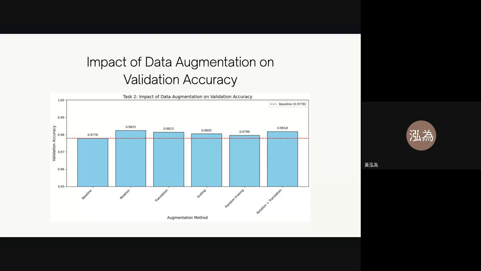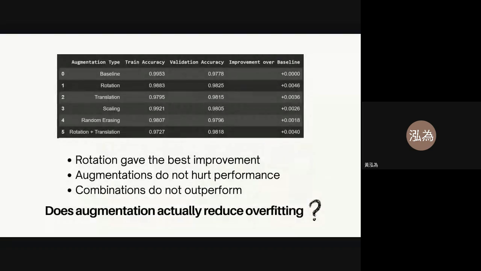It was memorizing the training data but struggling to generalize to unseen images. To address this, we applied 5 different augmentation strategies: rotation, translation, scaling, random erasing, and a combination of rotation plus translation. The last page was our bar chart, and this is our table.